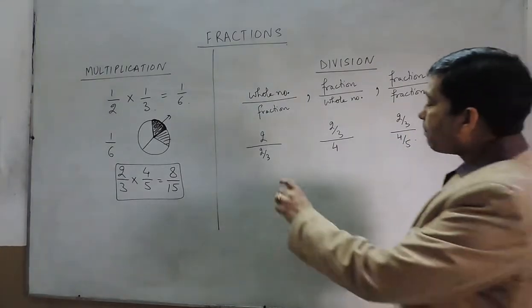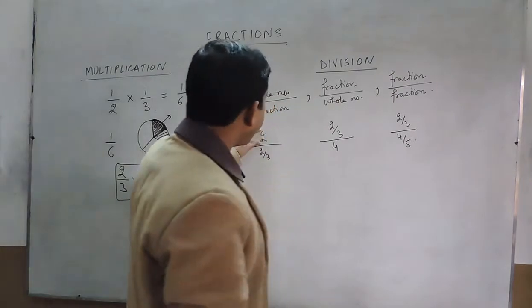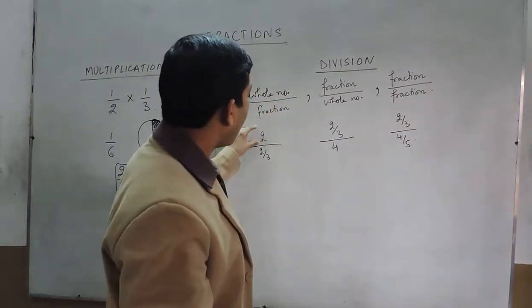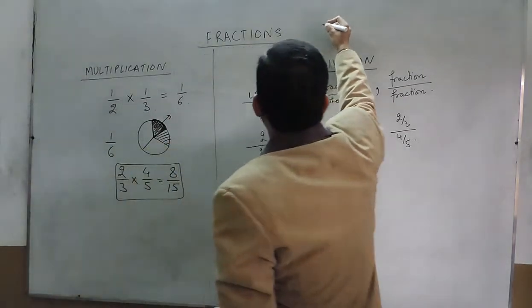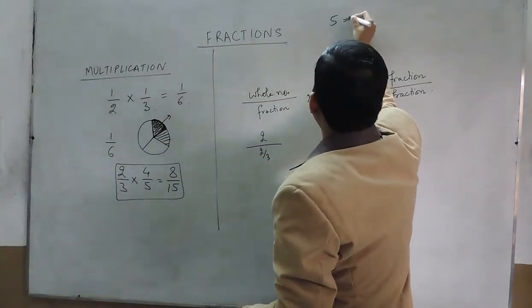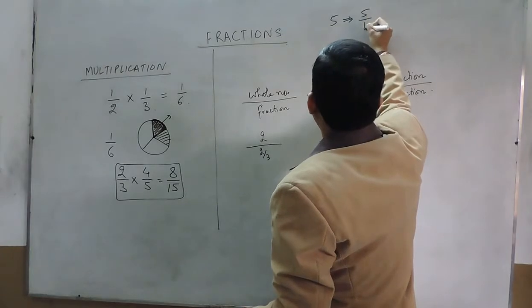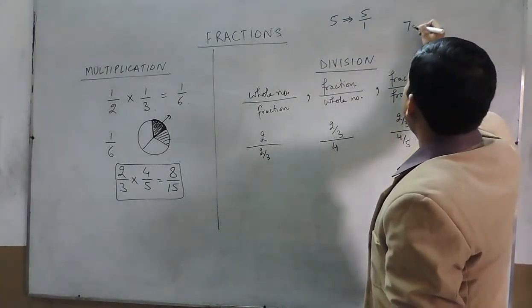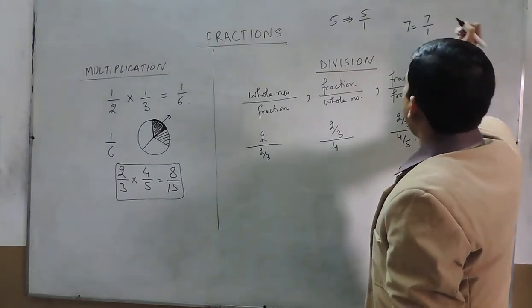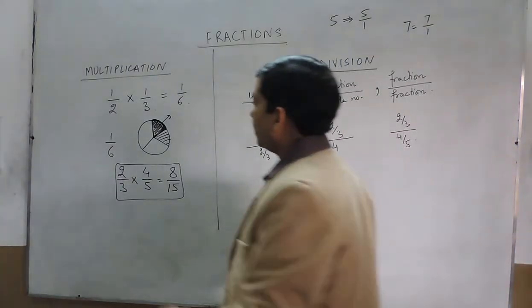Now, a very important thing: any whole number, suppose 5, can also be written as 5 upon 1 in case of fractions. If there is a whole number like 7, it can be written as 7 upon 1.